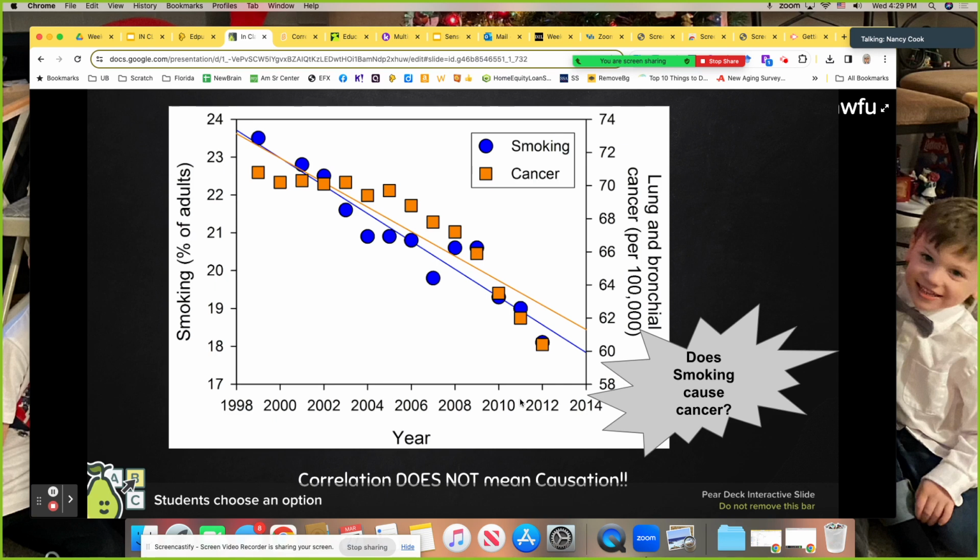So this relationship could cause researchers to then do experimental studies to see if this relationship is a cause and effect. But this chart in itself does not show that smoking causes cancer. All it's showing is that during this time period, both of those things went down. Okay?